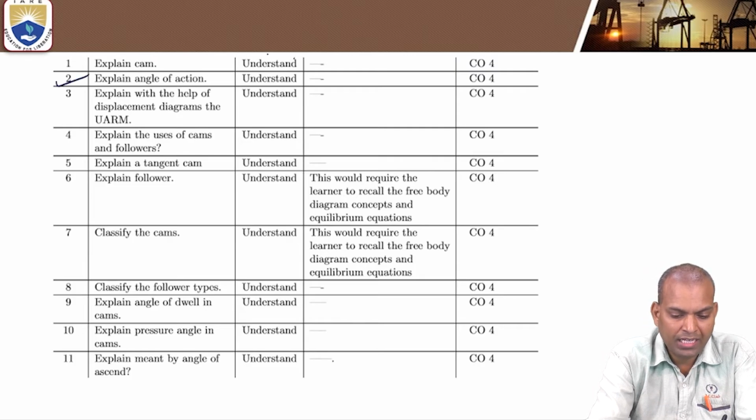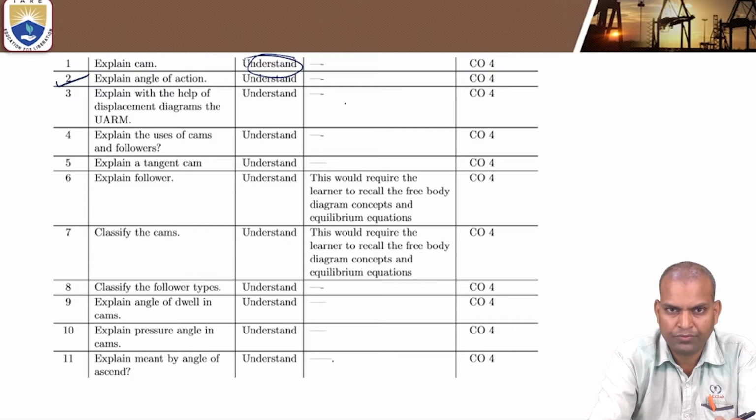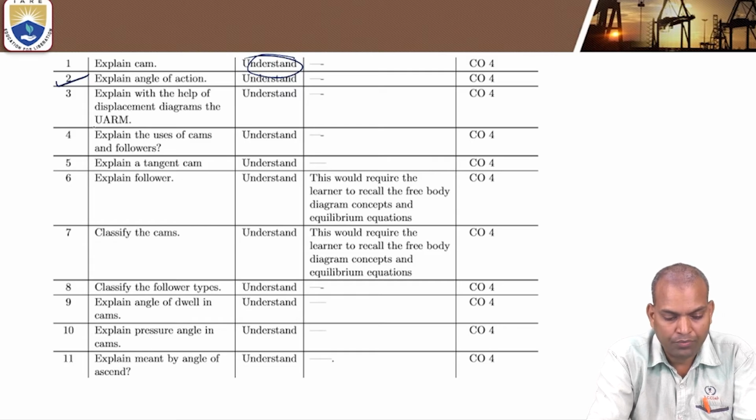Now here, this is understanding level. It comes under Bloom's taxonomy, understanding. The course outcome is CO4, related to cam profiles. Now, explain with the help of displacement diagrams the UARM. What is the meaning of UARM?